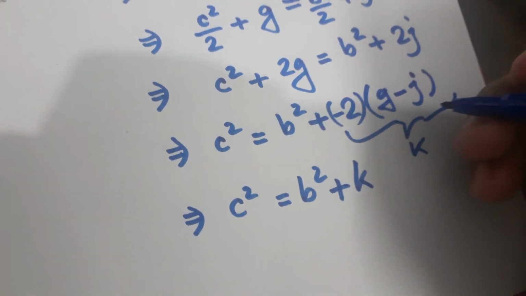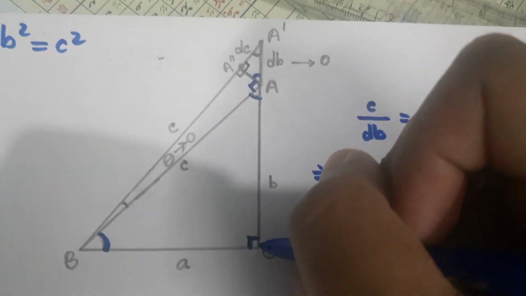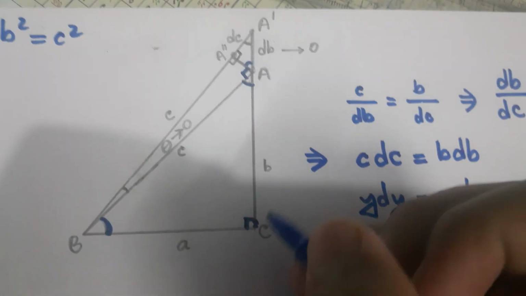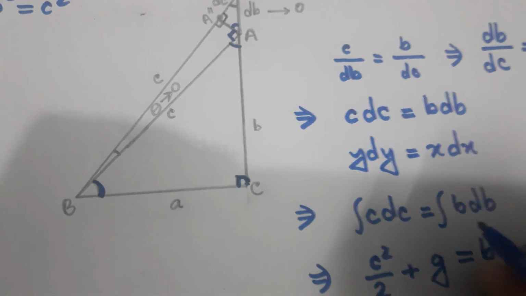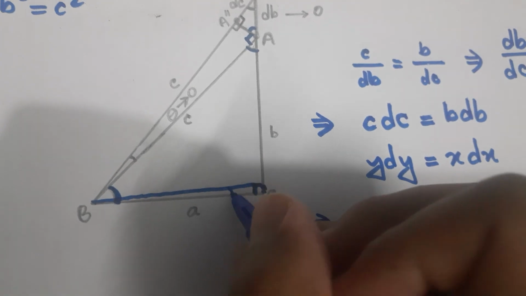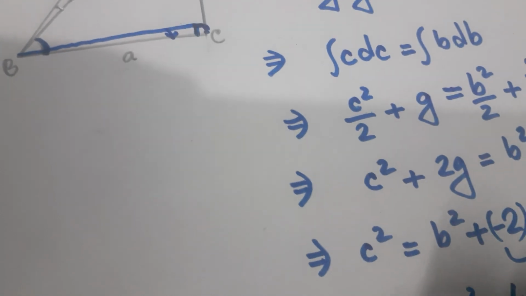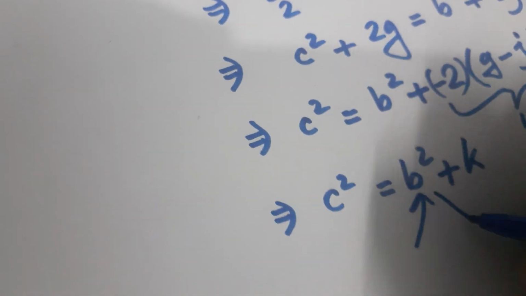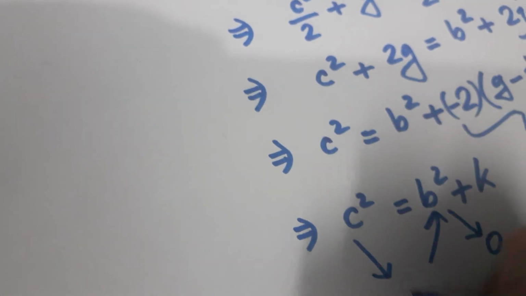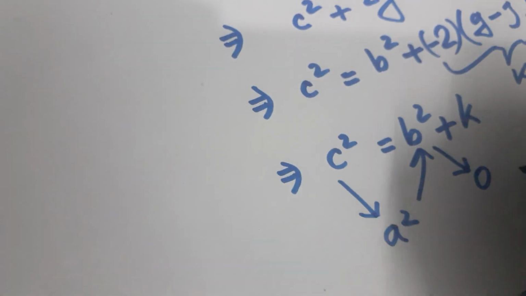Now we have to find k. If this b was 0, then the value of c goes nearer and nearer to a. If I take b to the 0 world, we will get c to be a, I mean c square to be a square.